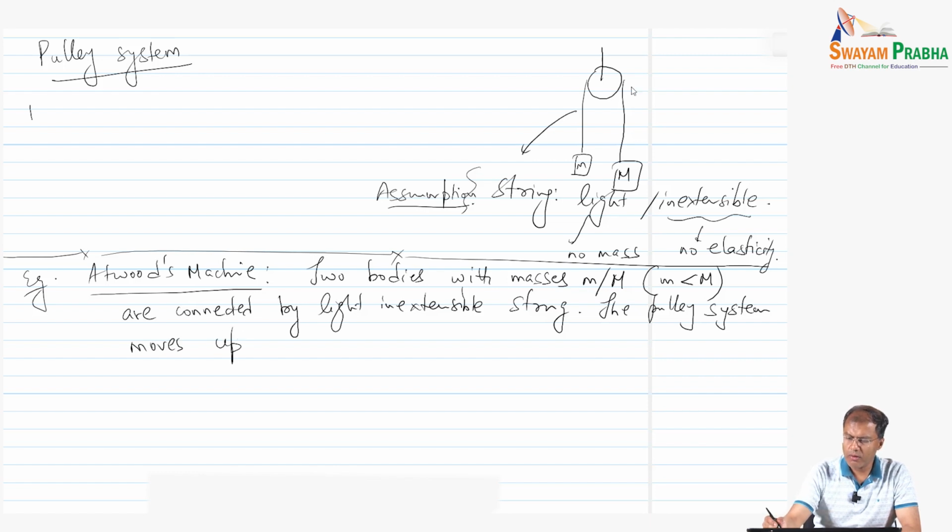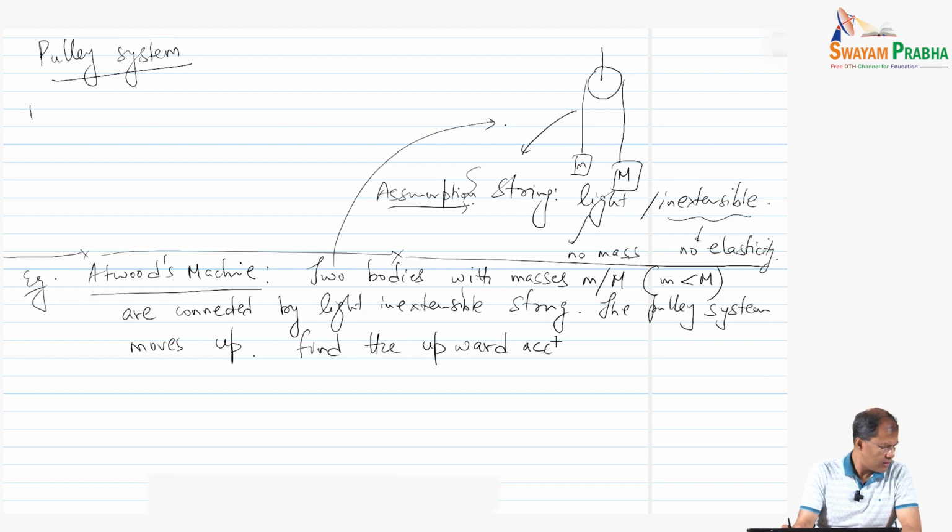So let me just talk about this pulley system. This is the diagram that I have already drawn here, and we want to find the upward acceleration of mass small m and the tension in the string.